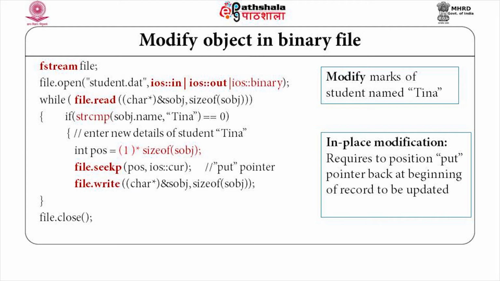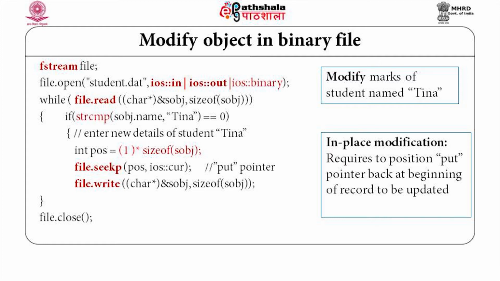Now, once it has moved ahead, suppose the object is of 20 plus 7 into 4, 28. So, 48 bytes, then the pointer has moved 48 bytes ahead. So, we put it back at the starting position of the object, and for that here we have used position is equal to -1 into sizeof obj. Sizeof obj, if it is 48, then here it will be -48.